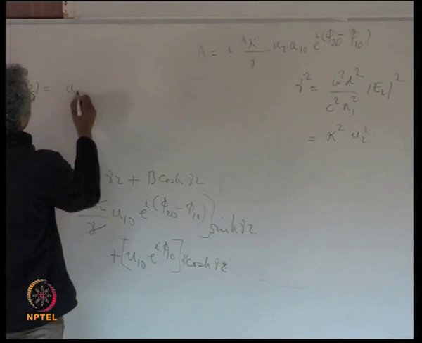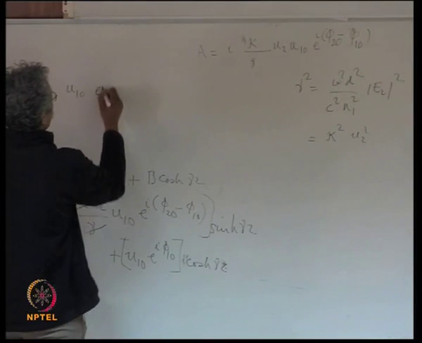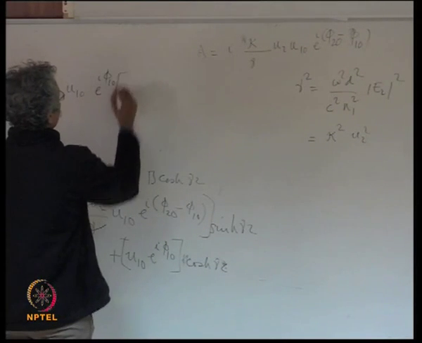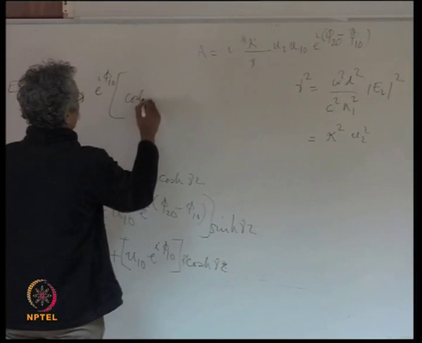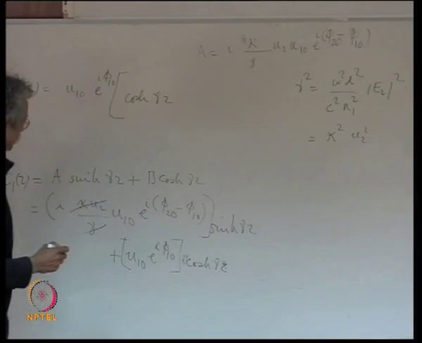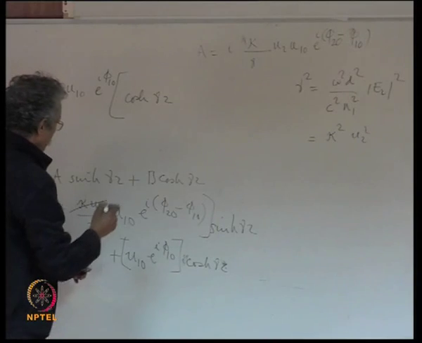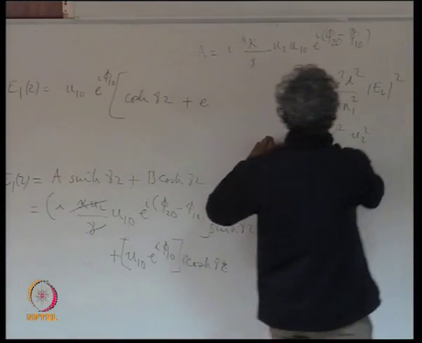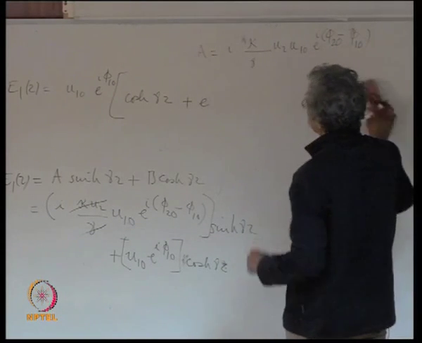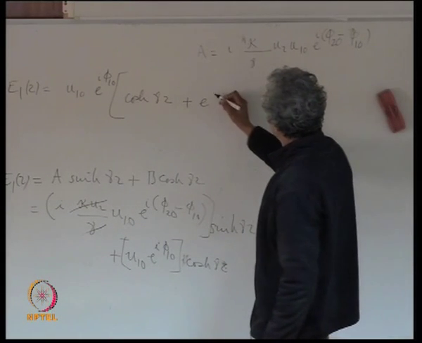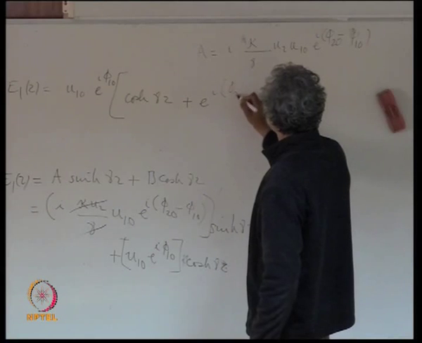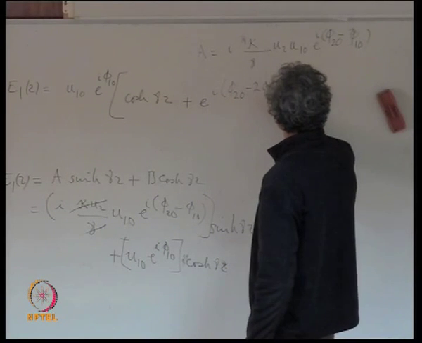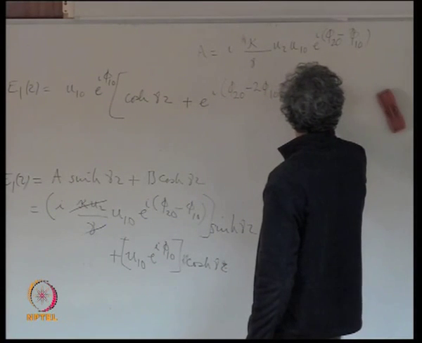And I write this as U10 exponential I phi 1 0 into cos hyperbolic gamma Z plus exponential I phi 2 0 minus 2 phi 1 0 plus pi by 2.